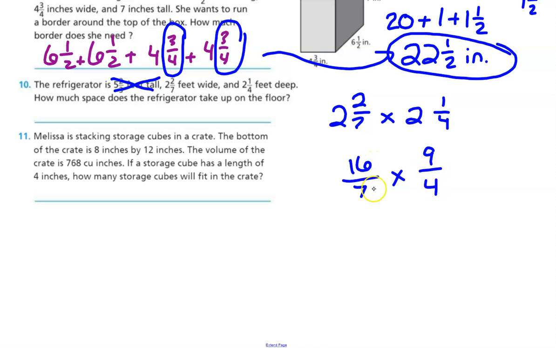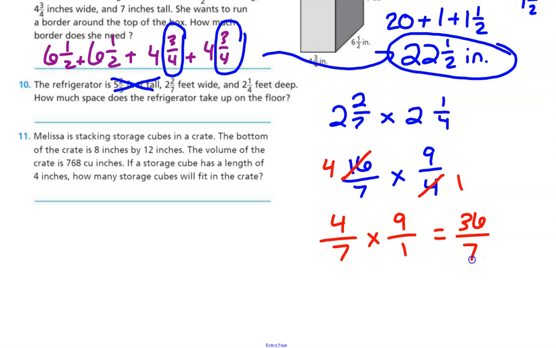So I'm going to multiply 16/7 times 9/4, but hopefully you pumped the brakes because I see 16 and 4 here. So this 16 and 4, I know I can reduce those. So 4 divided by 4 is 1, and 16 divided by 4 is 4. So now this problem is going to be way easier because I already divided before I started. So now I get to just do 4 times 9 is 36. And 7 times 1 is 7. Now I just need to simplify.